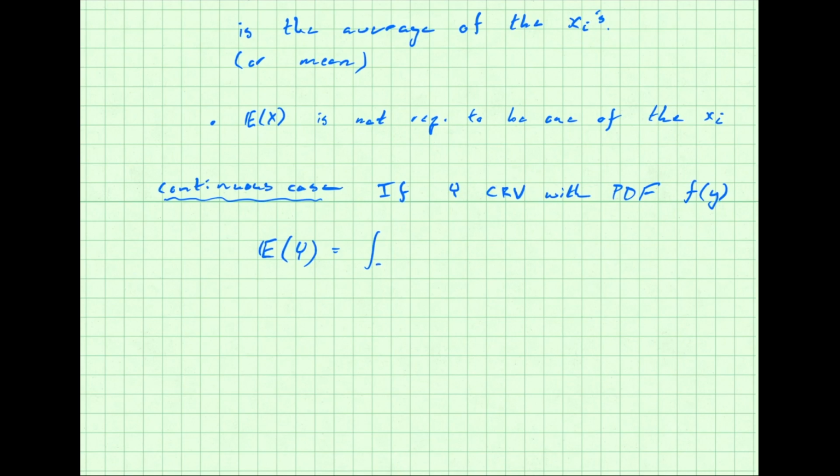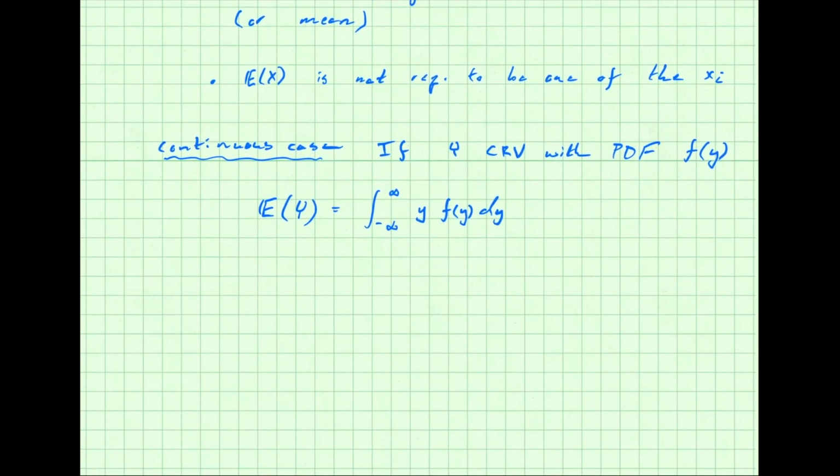Then the expected value of Y has the following form. It's the integral from minus infinity to infinity of the value y, little y, times the probability density function f(y) times dy. You should be able to make sense of this, because the probability density function times the little differential dy is an infinitesimal probability, the probability of y being in some infinitesimally small range.